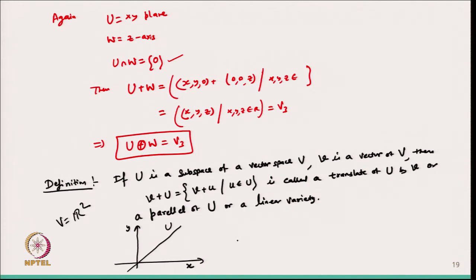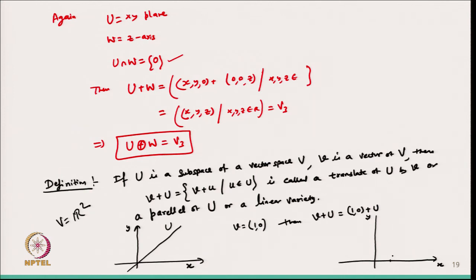Now, I take an element, suppose I take an element as (1, 0), then v plus U is basically (1, 0) plus U. So, this is x and this is y, and this is the point (1, 0).